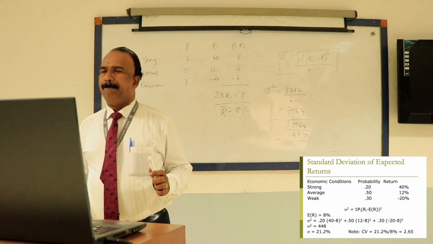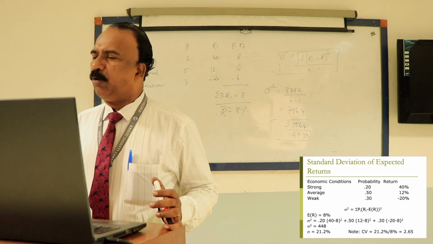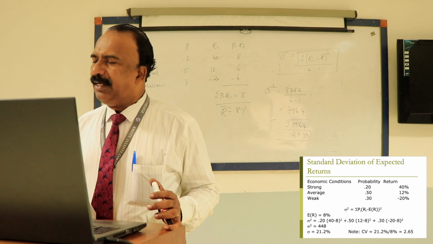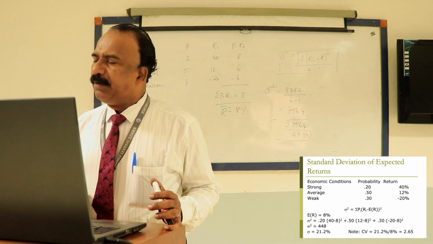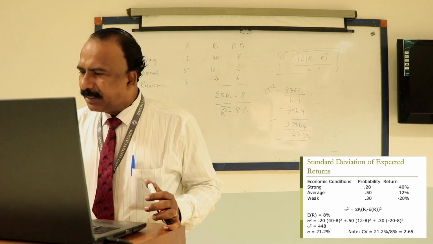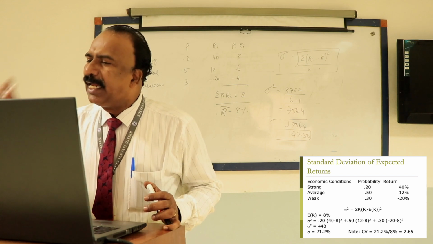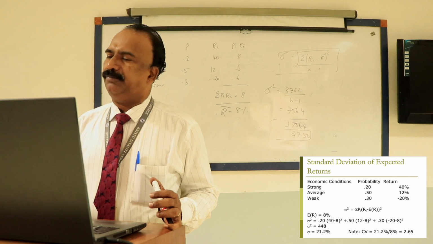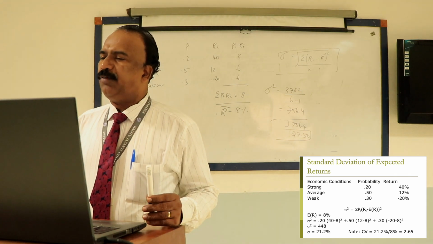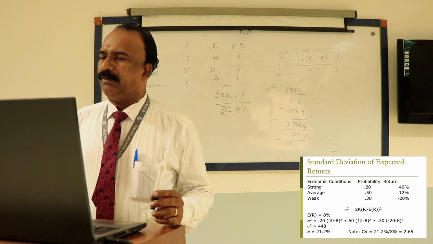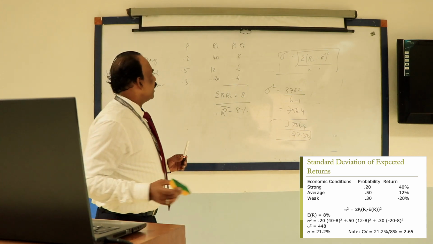Pi will be given, Ri will be given; multiply pi and Ri, aggregate, total it, and that total itself is called R bar. Any clarification? Okay.